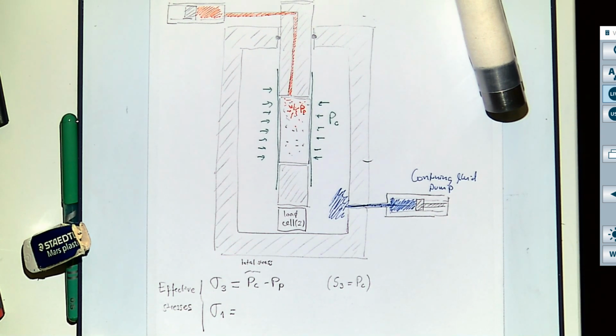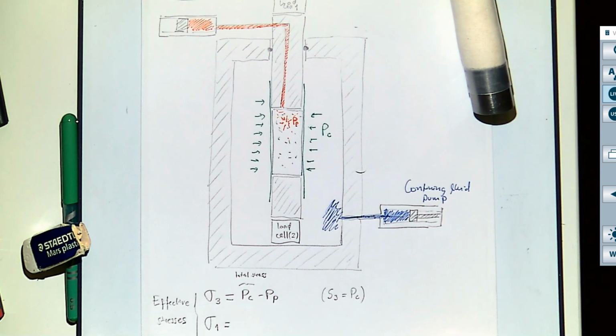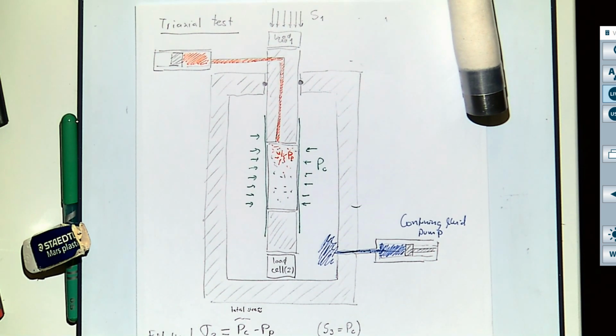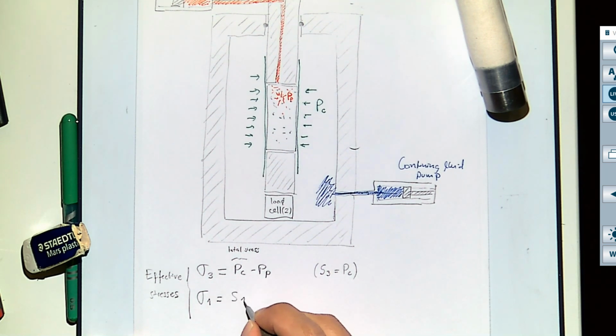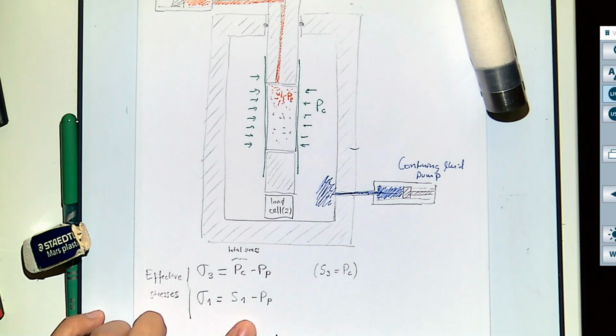The maximum effective principal stress, we don't have it in the picture, but here on the top we have S1. So it's going to be S1 minus pore pressure. And directly, if you don't have any pore pressure, then your minimum effective stress is PC, and your maximum is directly the axial stress, which in this case is S1. But when you do have pore pressure, then you have to subtract it.